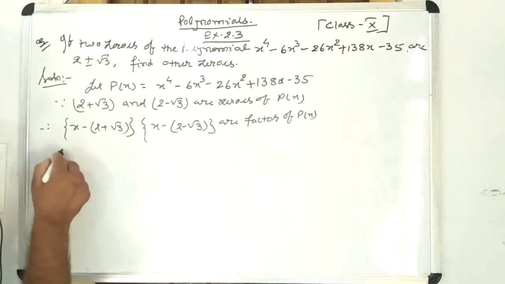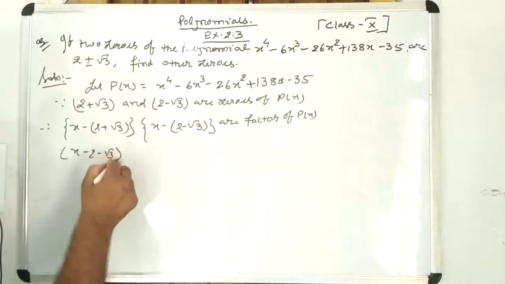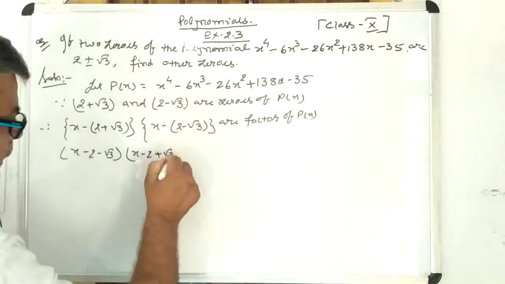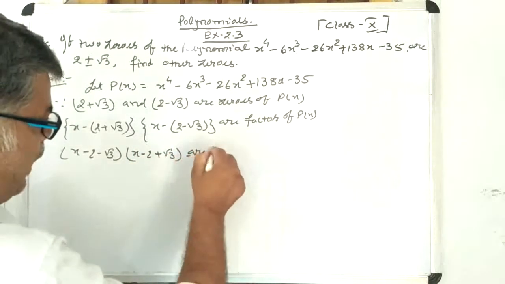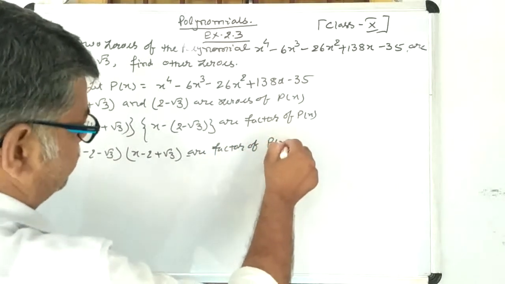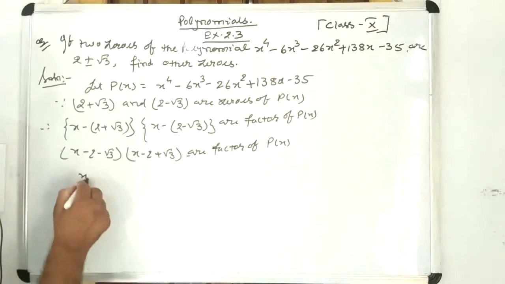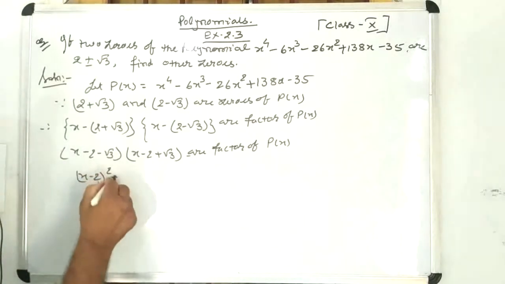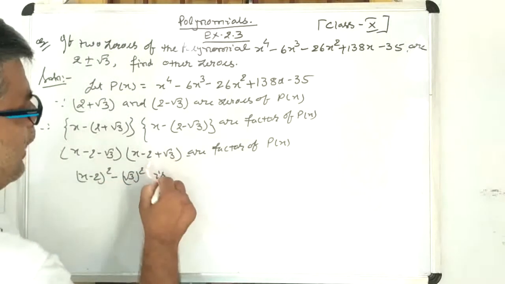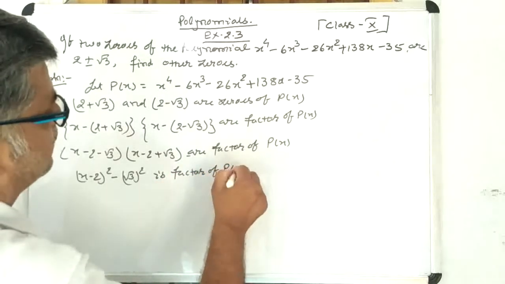Now simplifying it, we have x minus 2 minus root 3 and x minus 2 plus root 3 are factors of P(x). So using the identity, you can write (x minus 2) whole square minus (root 3) square is a factor of P(x).